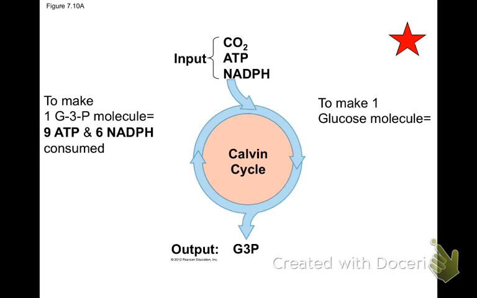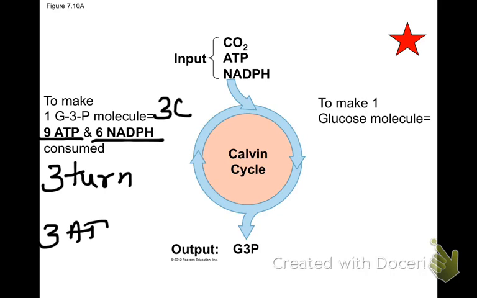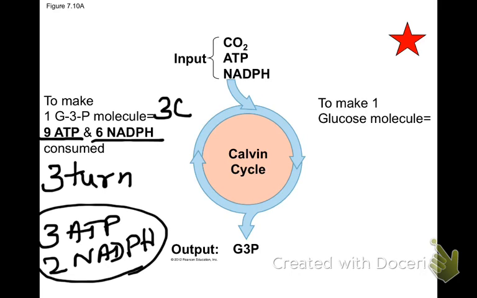You need carbon dioxide, you need ATP, you need NADPH. To make a G3P molecule, a 3 carbon molecule, you need 9 ATP and 6 NADPH. That means you have done 3 turns of the Calvin cycle. So one turn probably took 3 ATP and 2 NADPH. But I still could not see a product that I can make sense of. So 3 turns consumed 9 ATP and 6 NADPH.